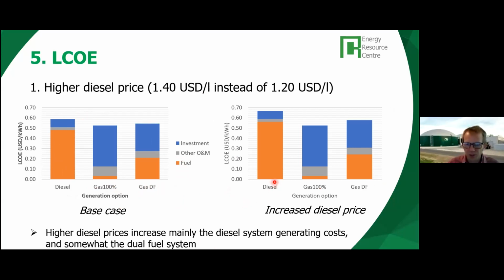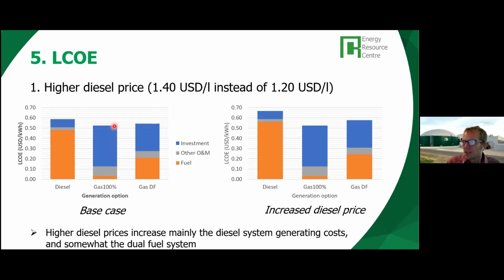And what you see indeed is that the levelized cost of electricity for the diesel case increases from, let's say, just below $60 in the base case to about 67 cents per kilowatt hour in the scenario where the diesel price increases.